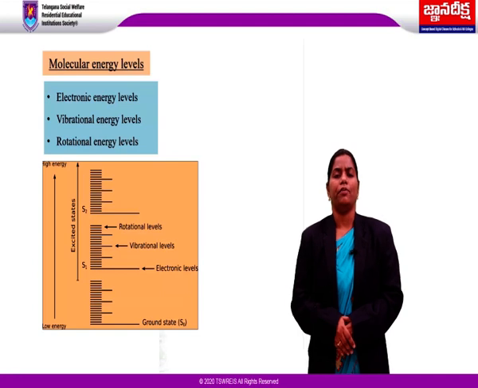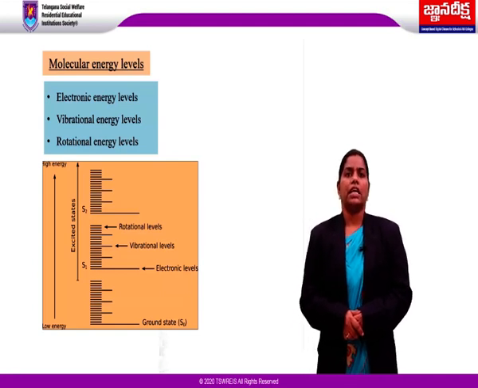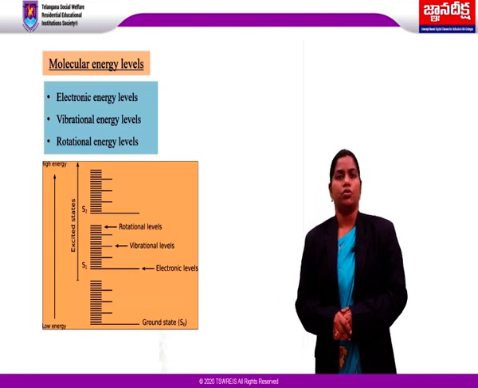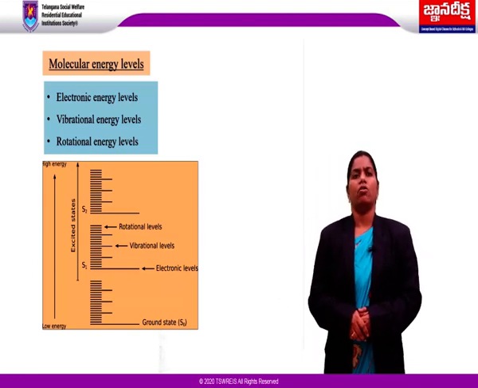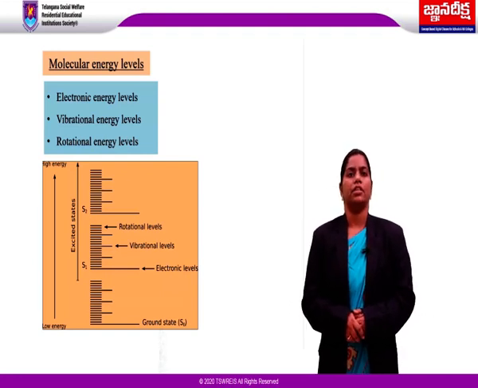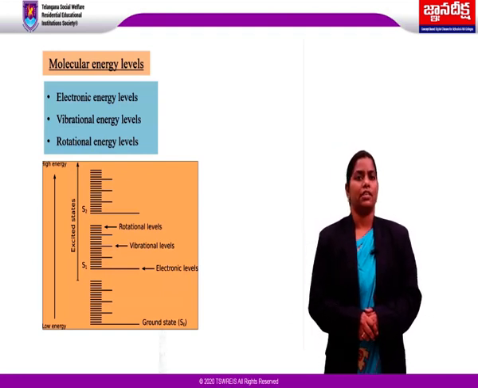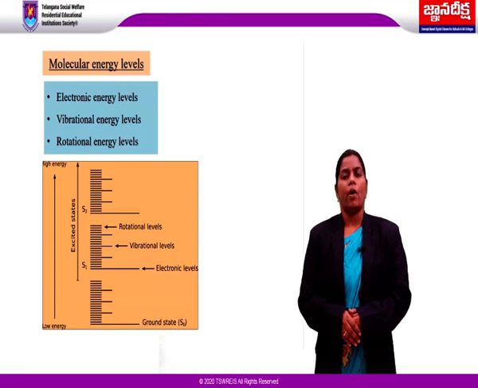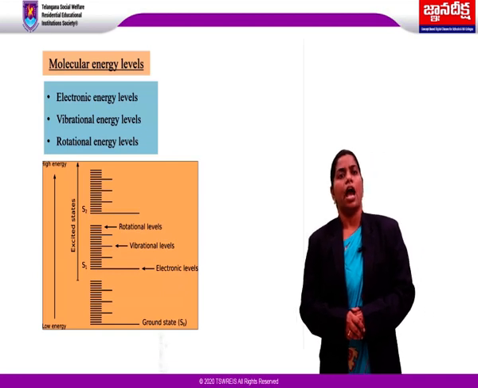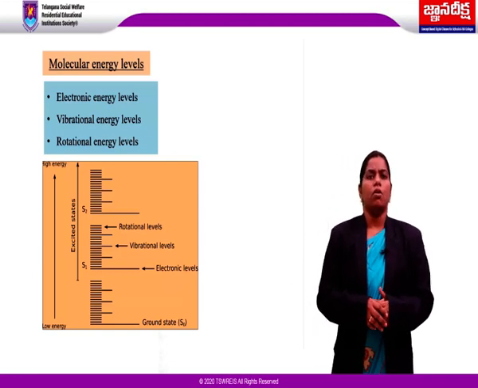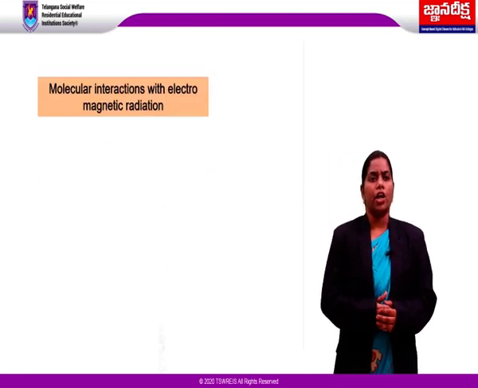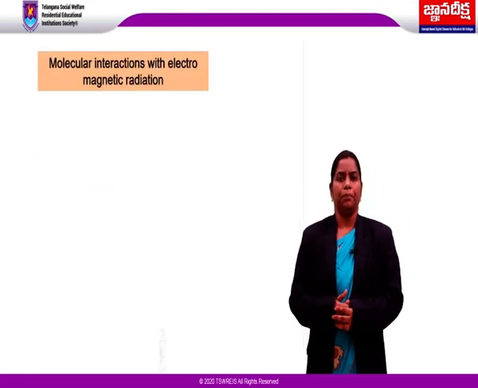The energy gap between the electronic energy levels is more, which are designated as S0, S1, S2, and so on. In between the electronic energy levels, vibrational energy levels are present, and in between the vibrational energy levels, rotational energy levels are present. That is, the energy required for the electronic transitions is much more compared to the vibrational and rotational transitions. So, the molecule interacts with electromagnetic radiation and undergoes different changes accordingly.